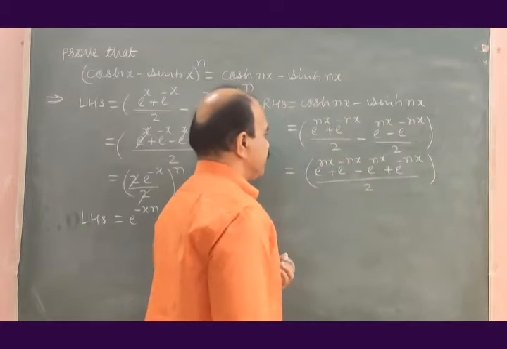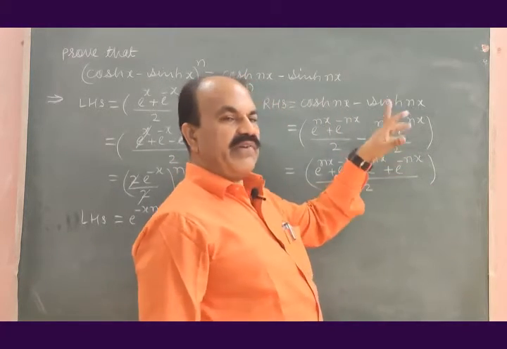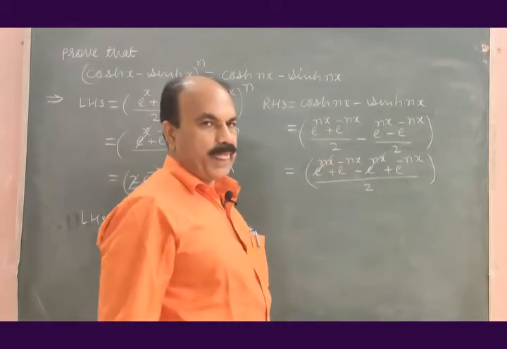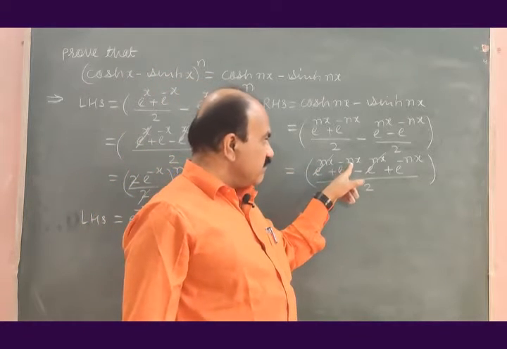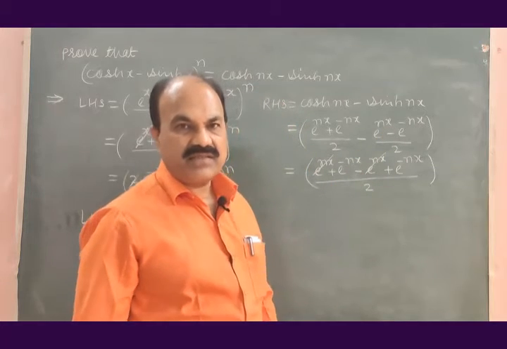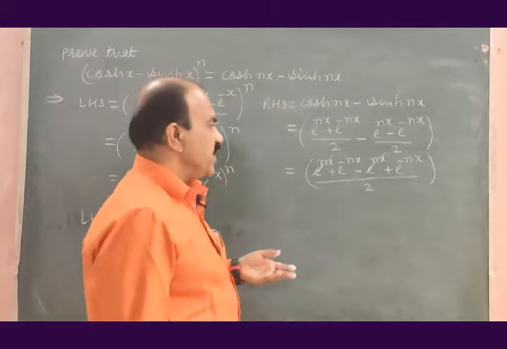Go to the bracket. E to the power nx minus e to the power nx. These two together vanish. Two terms are left. One term is e to the power minus nx. Other term is e to the power minus nx. Sum of these two is 2 times e to the power minus nx.